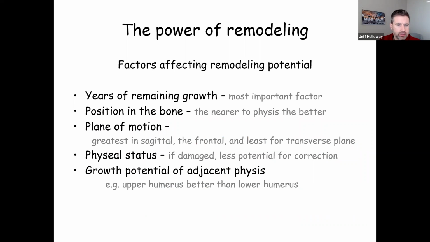So again, there's a lot of factors deciding on whether or not it can remodel. And the most important one is years remaining of growth, because it gives it more time. And again, like we said, there's little pieces of the puzzle, the planes, the physeal, the growth potential adjacent. And so this is where sometimes the kids are almost done growing. So then you're going to say, well, there's certain areas that just don't remodel as well.